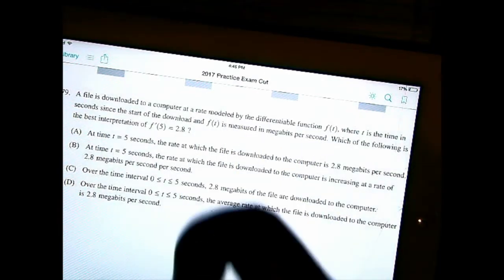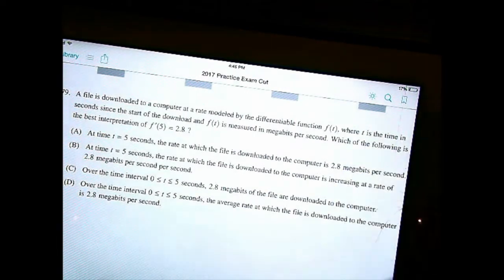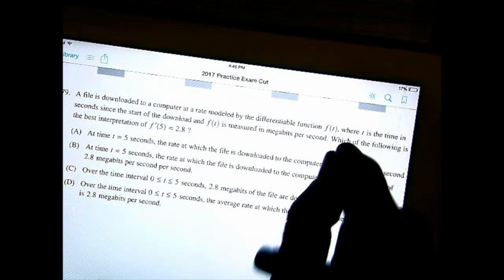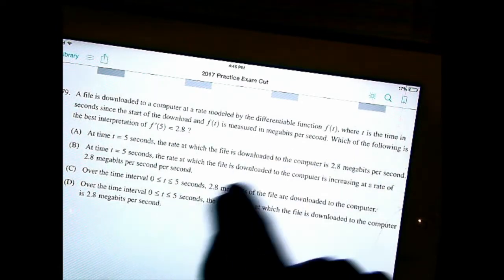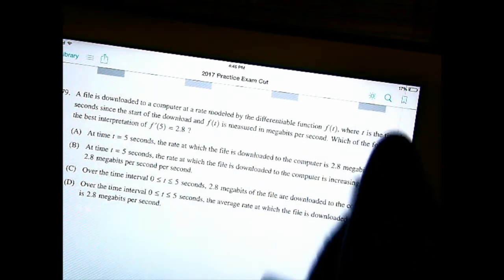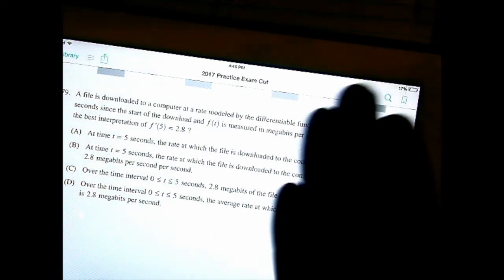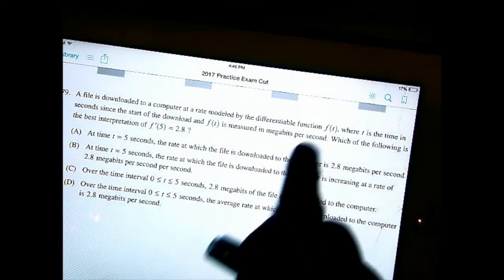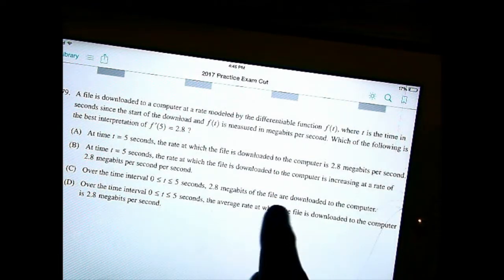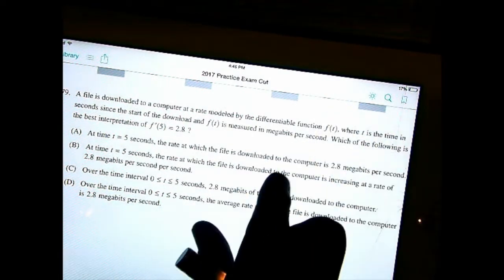So f of t, the original function, not the derivative, already models a rate of change. So now if you differentiate that function, you will get the rate at which the rate is changing. A little bit like acceleration, okay? If f were velocity, then f prime would be acceleration.